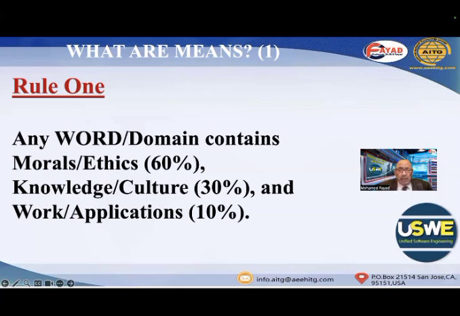Anyhow, look at this and remember it. One word within the domain has morals, knowledge, and applications, with percentages of 60%, 30%, and 10%. I guarantee that all the existing software systems and all the existing software engineering courses and knowledge don't have any ethics, period.